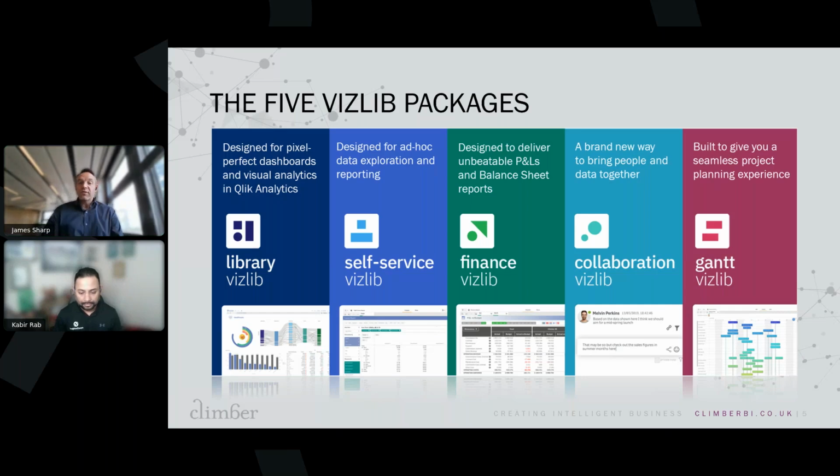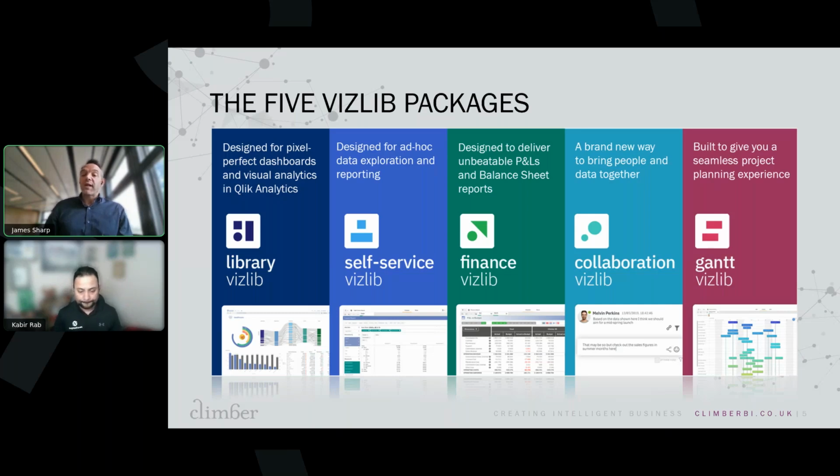Finance, so there's some much stronger P&L and balance sheet type reports in the finance objects, and we'll be looking at those. Collaboration, where you will almost certainly have heard of write back. There are many different write back features, not least again in the finance space, where you might want to write back budget or forecast changes in P&Ls and those kinds of things.